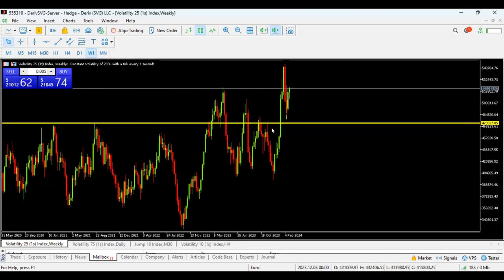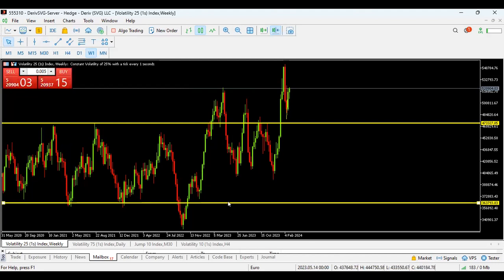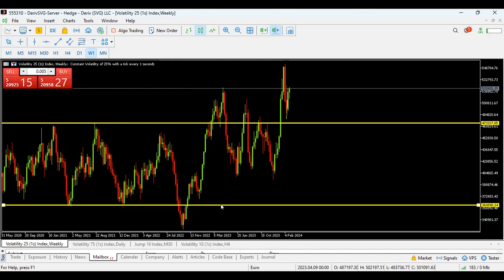So what am I supposed to do when price approaches here? I sell, I place a sell. I don't trade except price is on a zone. Mark what I'm saying. You don't press buy or sell until you see that the market is on a zone, on a zone, before you place. This is a zone, of course.